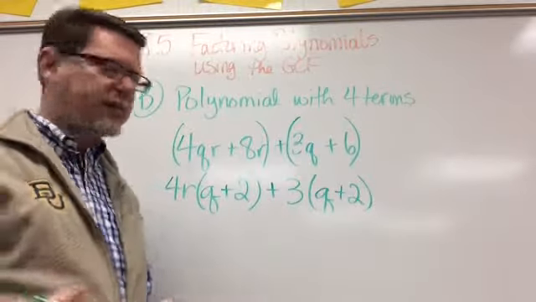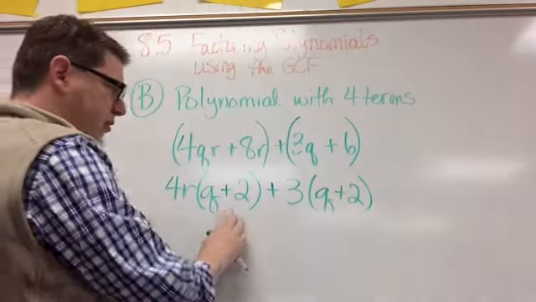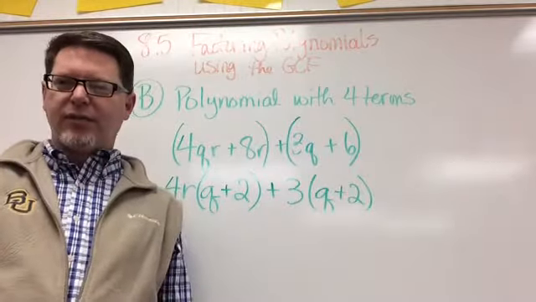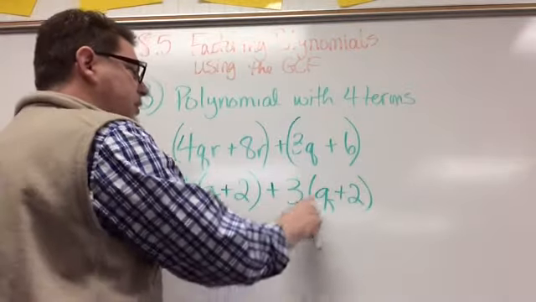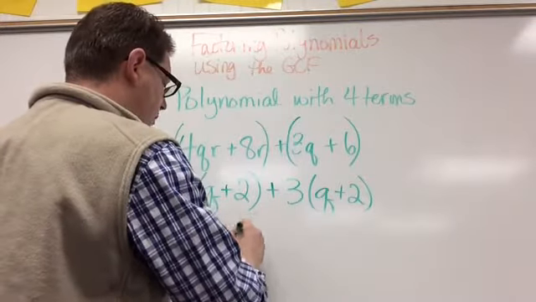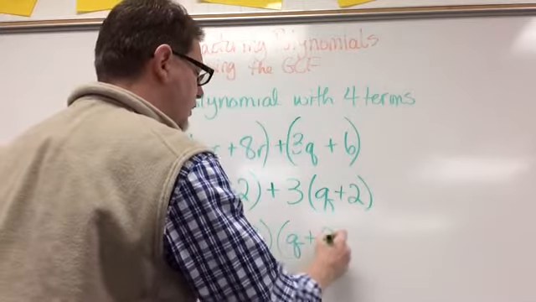And our goal is to get the same binomial, q plus 2 and q plus 2. We have one more step to go with this, though, because 4r times q plus 2 plus 3 times q plus 2 is the same as writing 4r plus 3 times q plus 2.